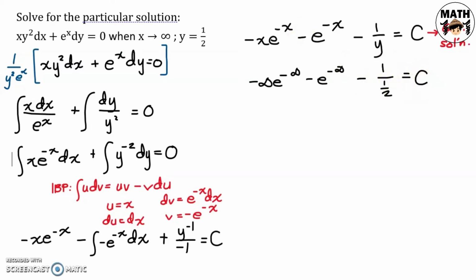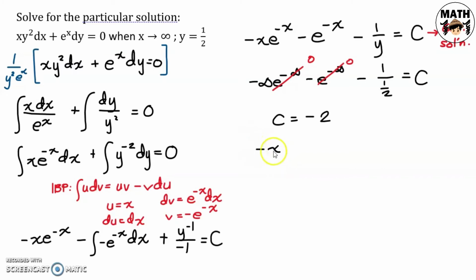Ano ba yung value when e is approaching negative infinity? So, recall, that is equal to 0. So, this is also 0. Therefore, the value of the constant c is equal to negative 1 over 1/2, that is negative 2. So, ipalit lang natin to doon sa general solution. And we now have the particular solution.